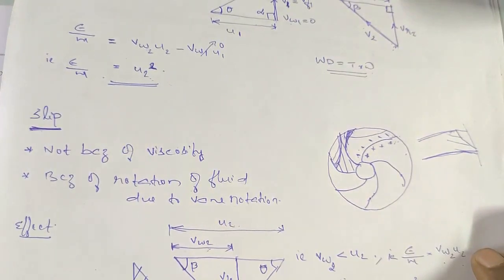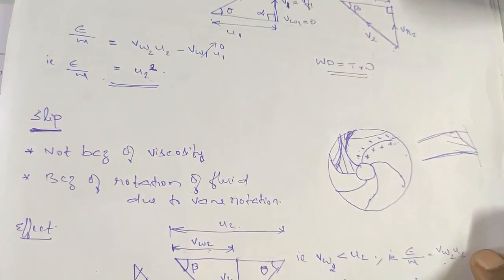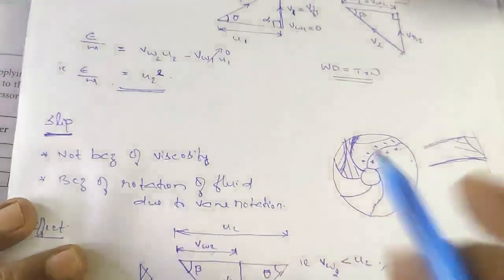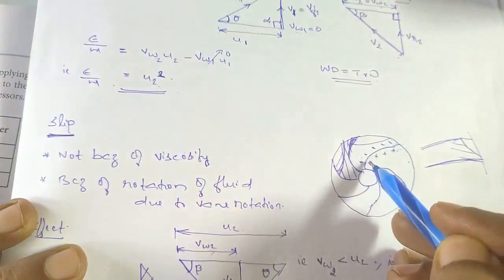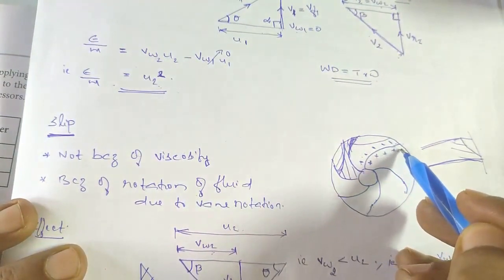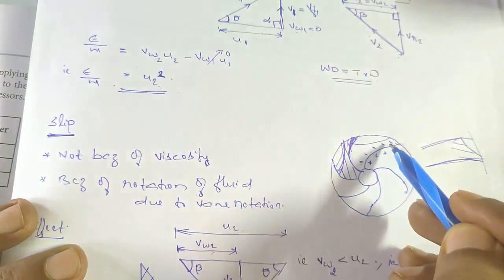And what is that phenomenon? It is actually not because of the viscosity of the fluid flowing through the impeller, but as the impeller is rotating and the fluid passes through the passages of the impeller, the pressure on the leading side of the impeller increases and the pressure at the back end of the impeller decreases.